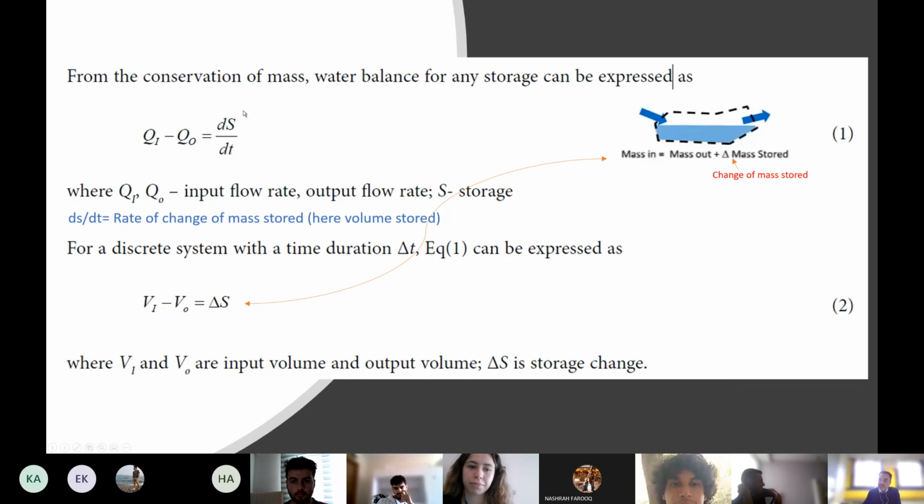So in a steady state system, you can say that input discharge equals output discharge. Why? Because dS over dt is 0. Therefore, input discharge equals output discharge in a steady state system.